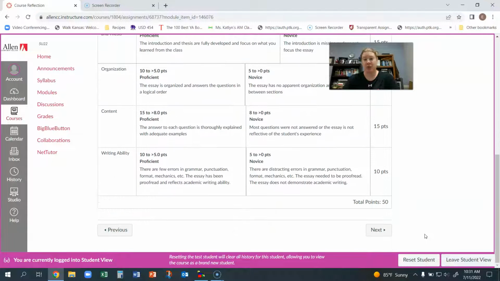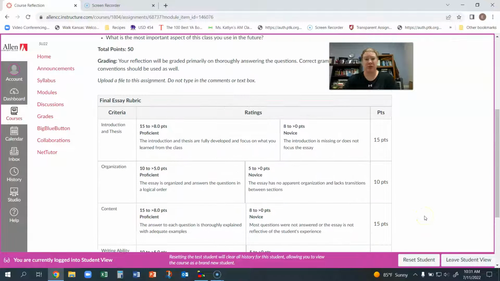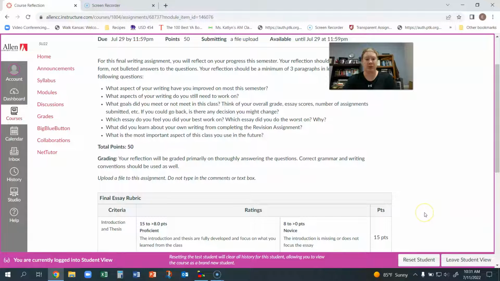And then the grading rubric down here is just giving you a guide on what I'm looking for. I usually give full points on this assignment if students answered all the questions, but I might take off points if I can't understand what you're trying to say because you didn't proofread. So I'm not really looking for a formal essay here, and I won't be leaving extensive comments on it either because most students don't even look at it.